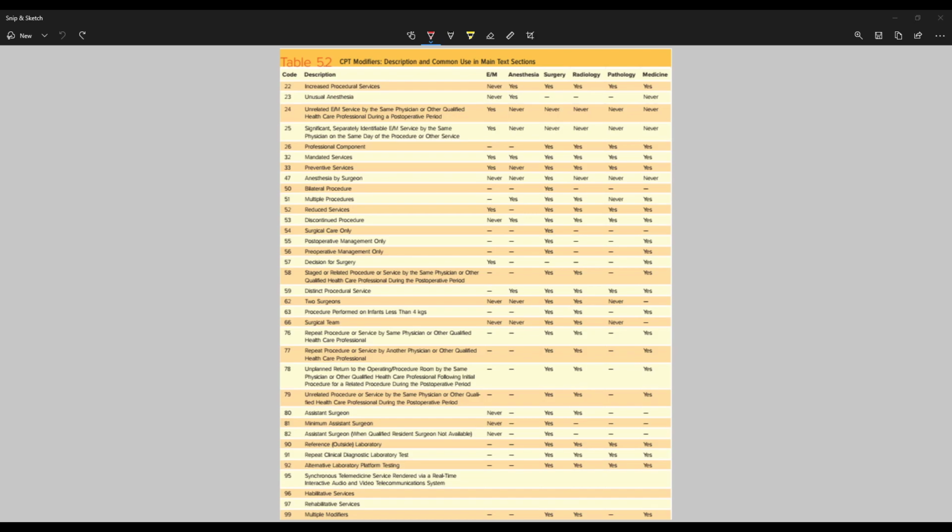Now, CPT, on the other hand, is the Current Procedural Terminology code set. It's literally created by the American Medical Association. Nowadays, the Centers for Medicare and Medicaid Services, the CMS, helps update it and set these standards for the rules.